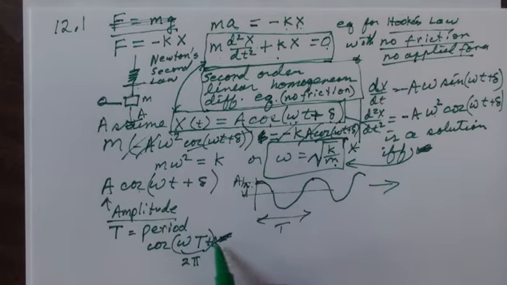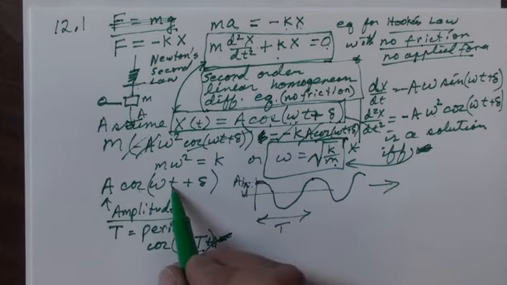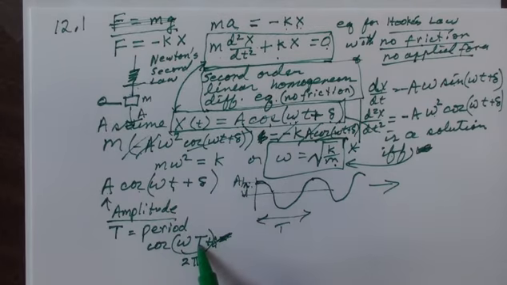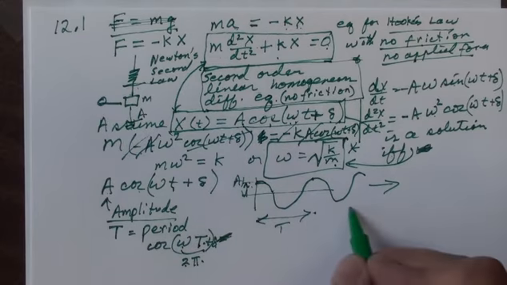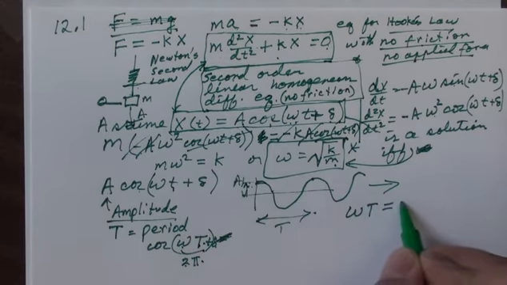The delta doesn't change before and after. I still have the delta there. So if I go from 0 to capital T, one full period, then omega times that must give 2 pi for one full period. So remember that equation: omega times T has to equal 2 pi.